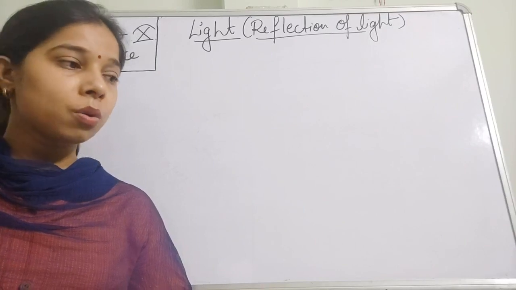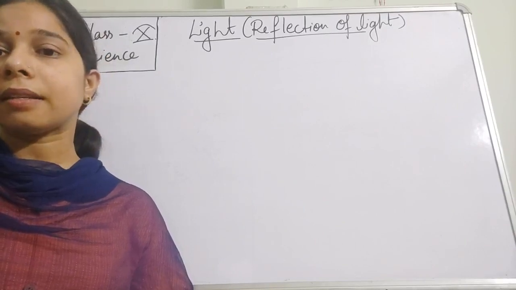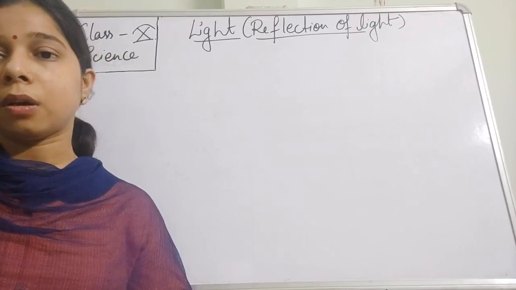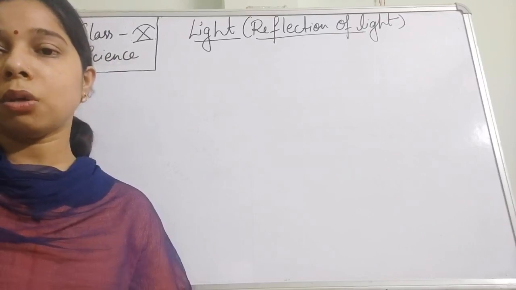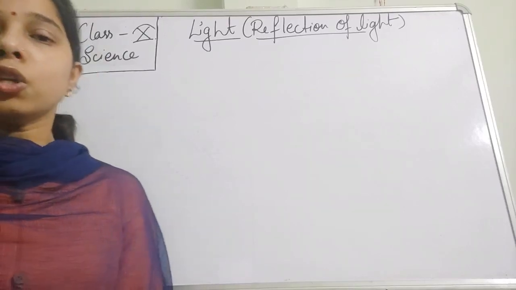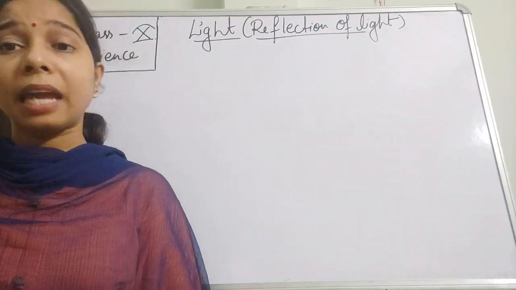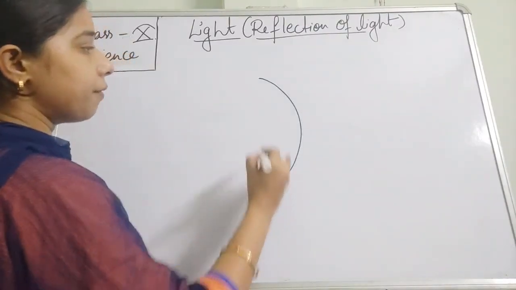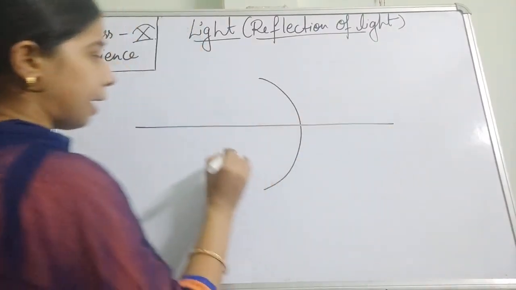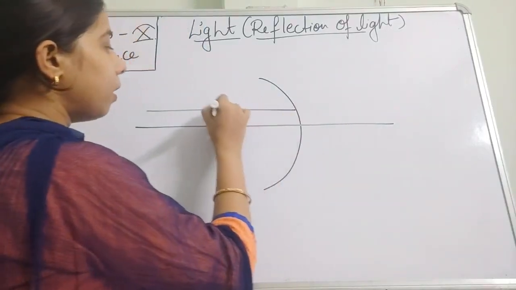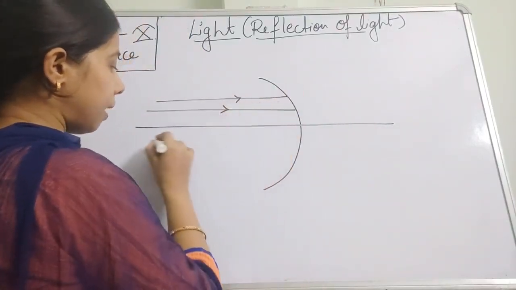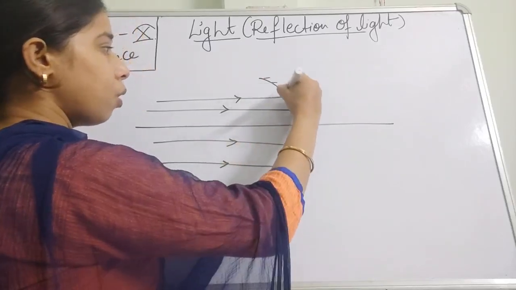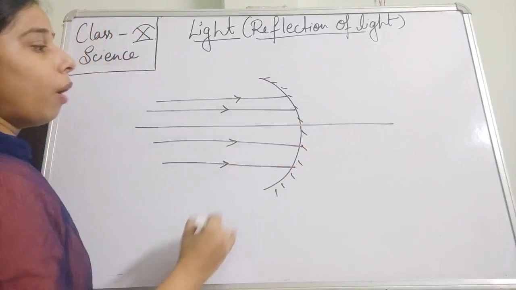We have also seen, students, how the principal focus is formed. Basically, in the case of a concave mirror, let me draw it again. For a concave mirror, this is the principal axis. When a parallel beam of light which is close to the axis falls on the surface of the concave mirror, then what happens?